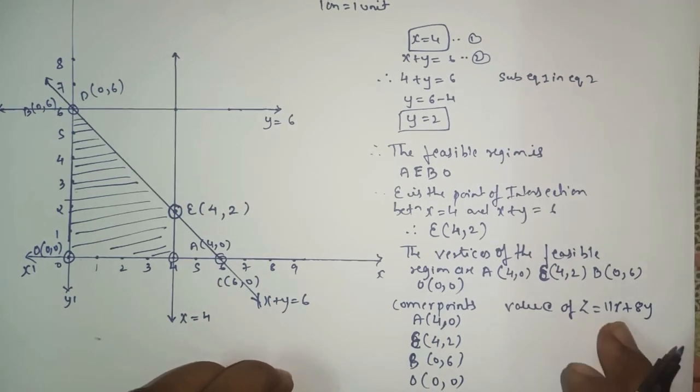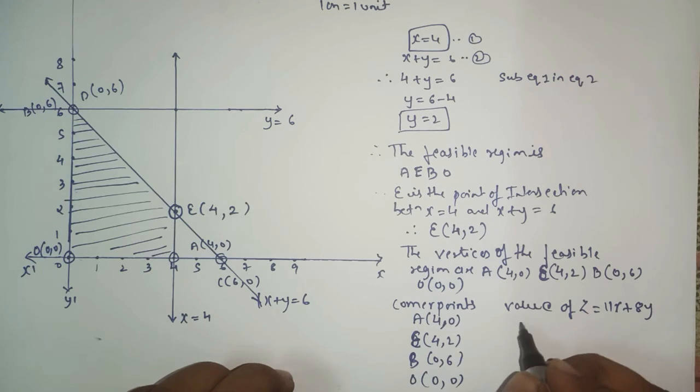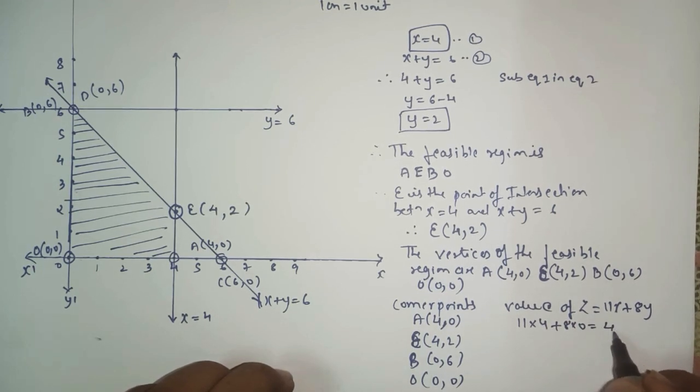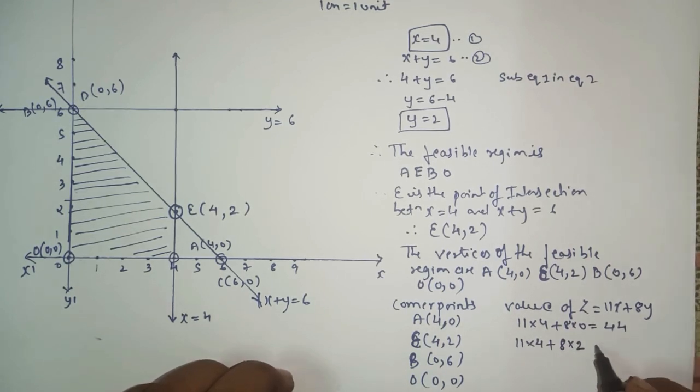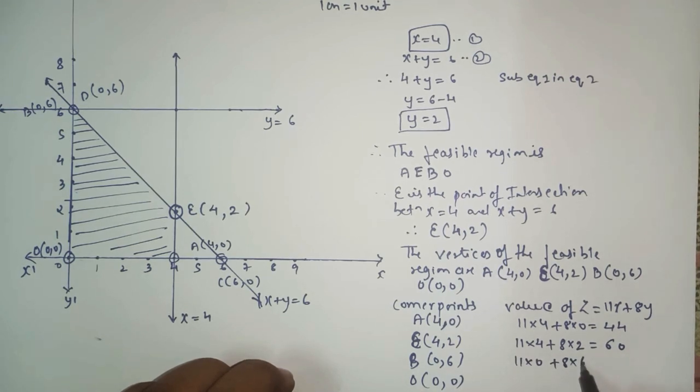Now replace the values of x and y. For 4 comma 0: 11 into 4 plus 8 into 0, so the answer will be 44. For 4 comma 2: 11 into 4 plus 8 into 2, 44 and 16, it is 60. For 0 comma 6: 11 into 0 plus 8 into 6, that is 48.